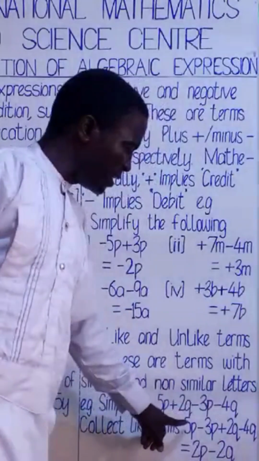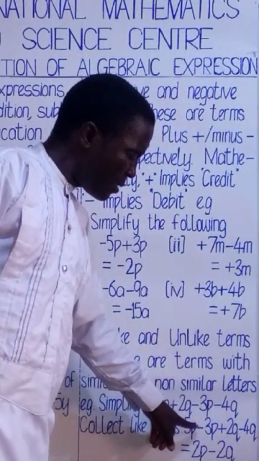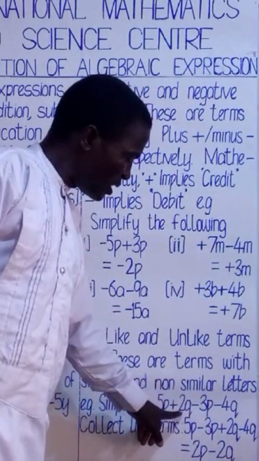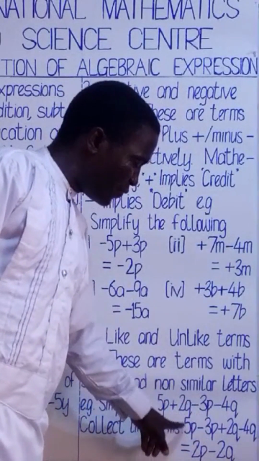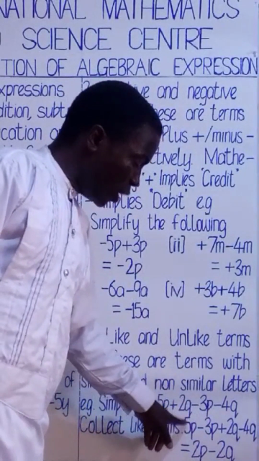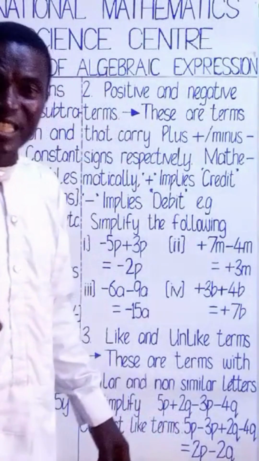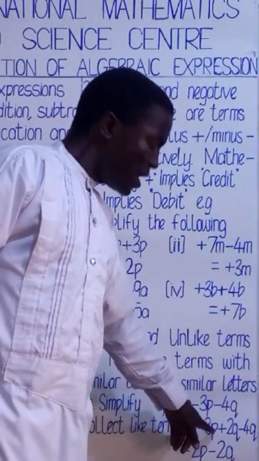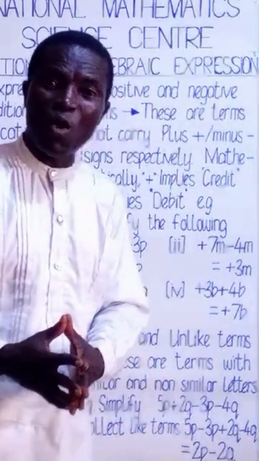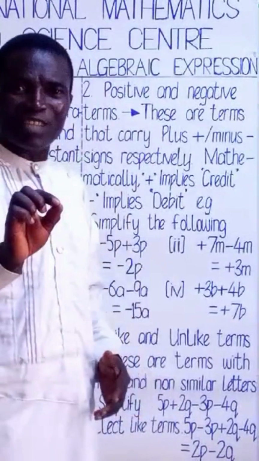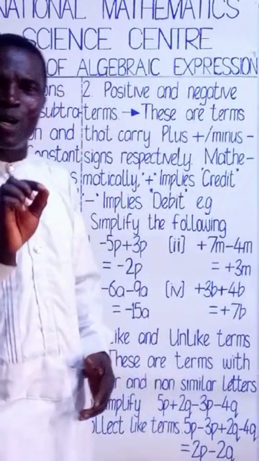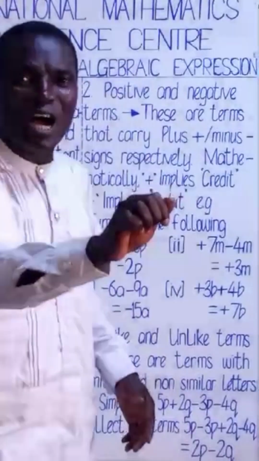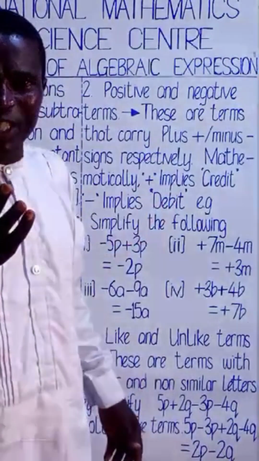Then, plus 5p minus 3p. For plus 5p there is an invisible plus here, which implies the amount of money that belongs to you personally. Minus 3p is the amount of money you are owing. The person you are owing comes and knocks at the door of your house and says, where is my money?